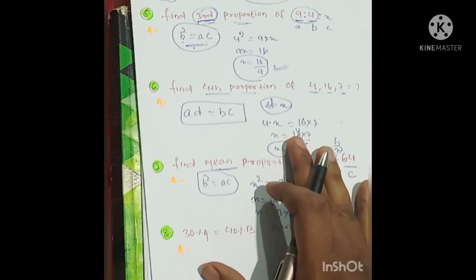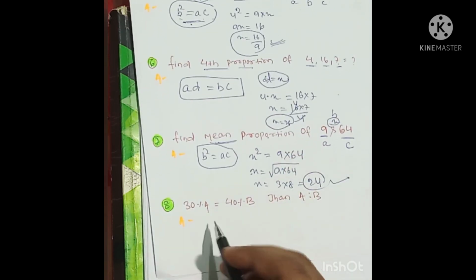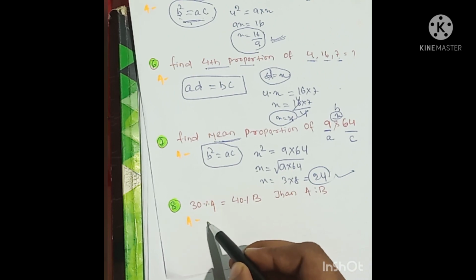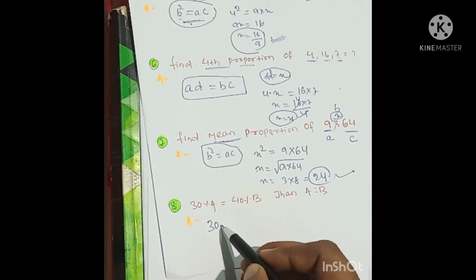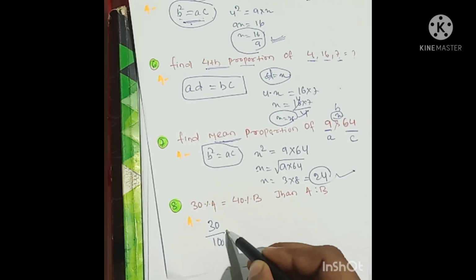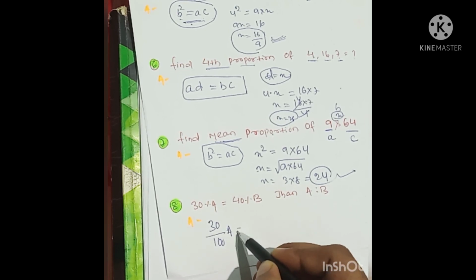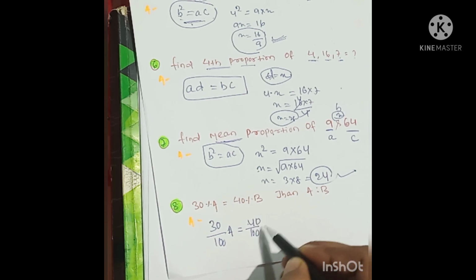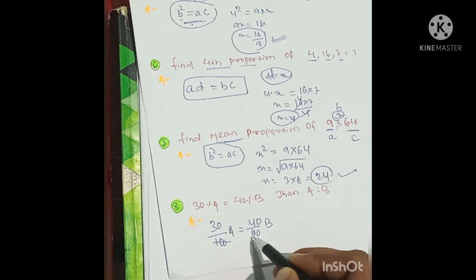Then we'll go to the next question, question number 8, which is again a conceptual question. 30% of a, that means 30 by 100 into a, equal to 40% of b, 40 by 100 into b. So you can cut 100 and 100 here.